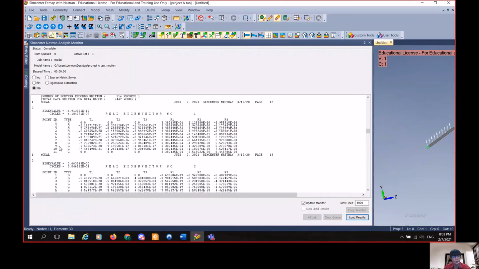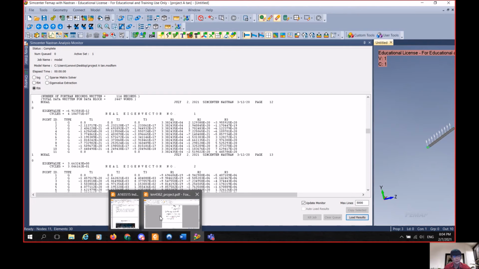As you can see, point ID 1 to 11 means node 1 to node 11, and T1, T2, T3 represent the translation for the x, y, z axes, while R1, R2, R3 represent the rotation for the x, y, and z axes respectively. As we can see, the translation for mode 1, the displacement, is very low, so we can treat it as negligible.